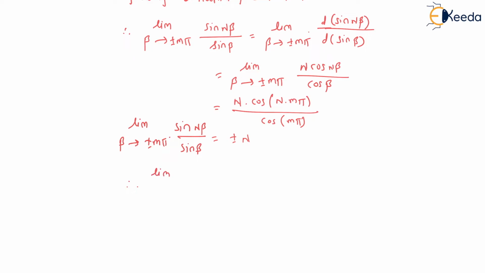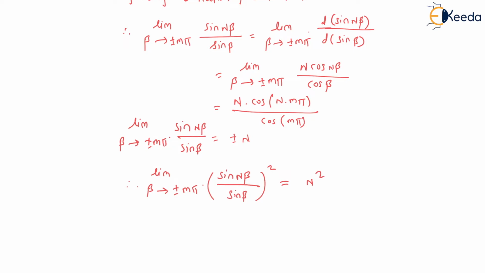So here, the limit beta tends to plus minus m pi of sin n beta divided by sin beta, bracket square, the value will simply be n square.